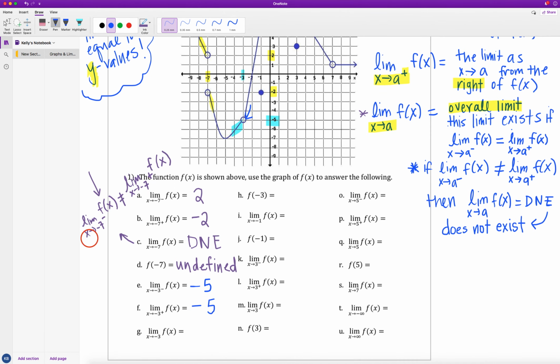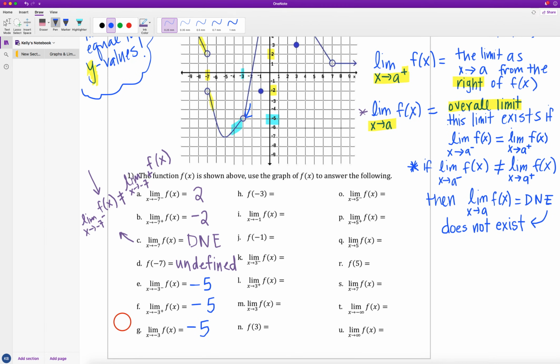So although E and F look similar to A and B, what's going to end up being really different is G here, because the limit as x approaches -3 of f of x is based off of my answers to E and F. And since my answer to E and my answer to F were both the same, since both the left limit and the right limit are both equal to -5, then the limit as x approaches -3 of f of x, so our overall limit, has to be equal to -5.